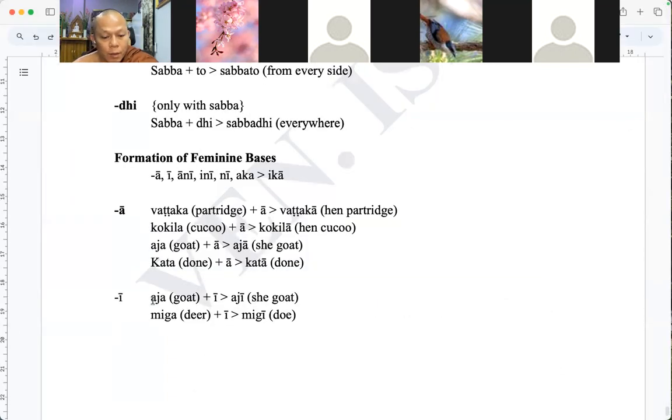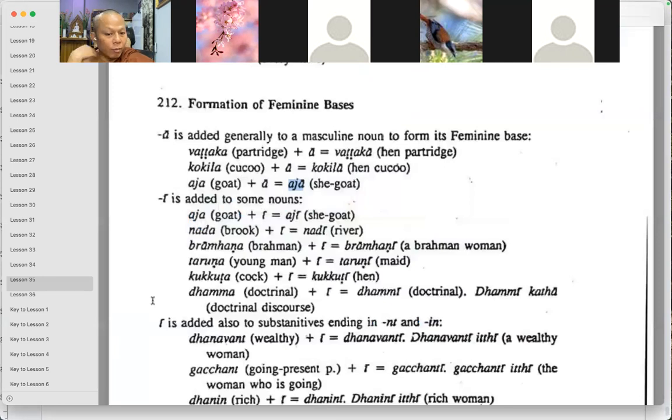And then Brahmana is Brahmin. Okay, the same Brahmin, but with the E, Brahmani, so a female Brahmin, a Brahmin woman.